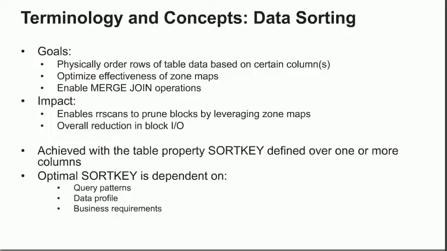A lot of times you're going to end up filtering off of a timestamp. So in a lot of cases, that first column, which is your timestamp, will end up being your sort key. And the goal here really is to make the zone maps more effective and to reduce I/O. That's the big thing about what sorting does for you and how it relates to the zone maps.